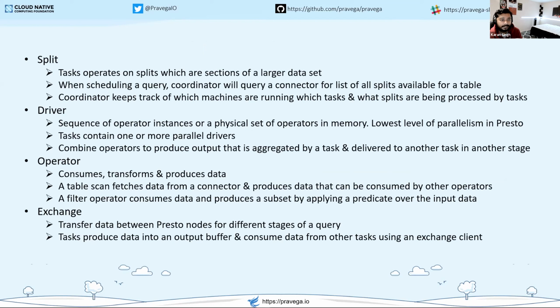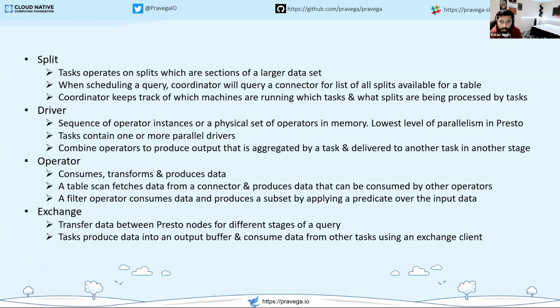It basically breaks the data into smaller versions of that data and then gives it to specific workers so that those splits are processed by the workers on the worker nodes and then aggregated together when multiple workers work in parallel on the splits that are assigned to them by the coordinator. The task operates on these splits, which are nothing but sections of a larger data set, like we said right now.